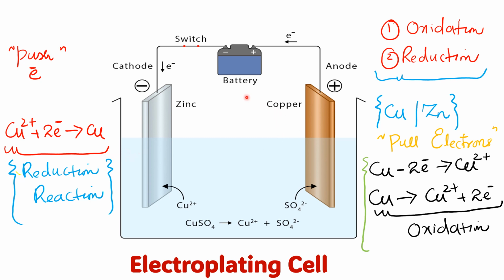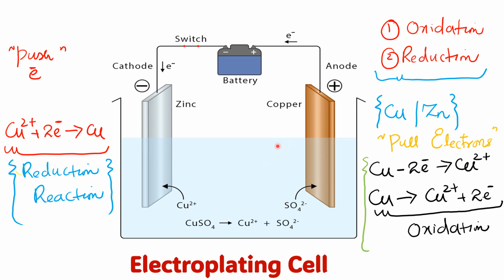So if I conclude, electroplating is a process in which one metal is deposited onto another metal. The device in which electroplating is performed is known as an electroplating cell. In an electroplating cell, the two metals are inserted into a liquid solution, which is an electrolyte made up of ionic or polar compounds.